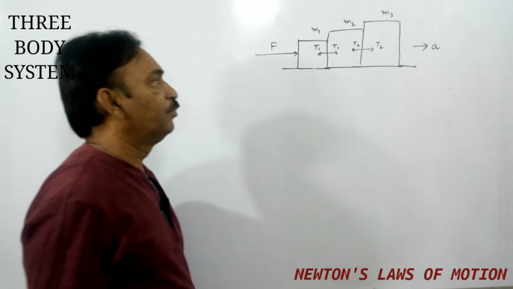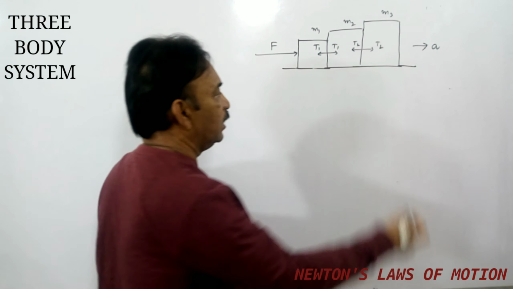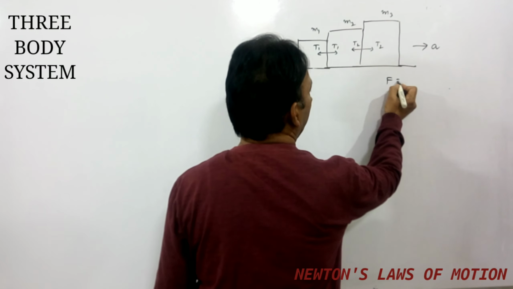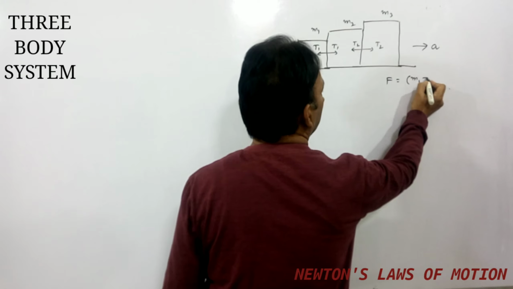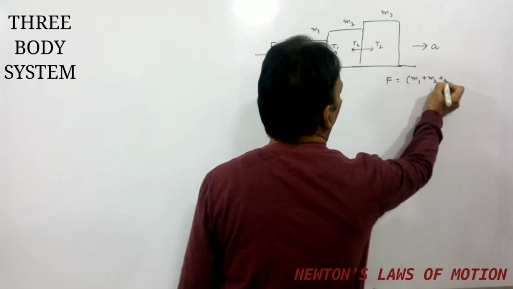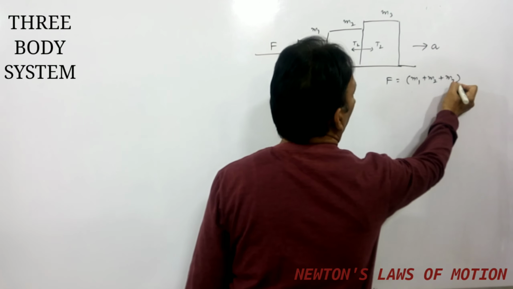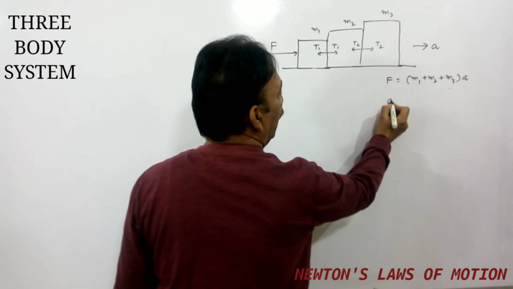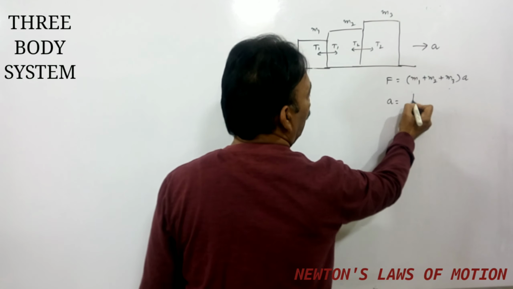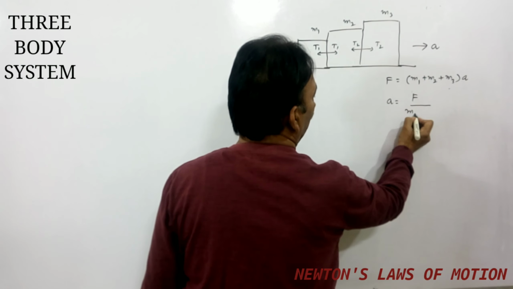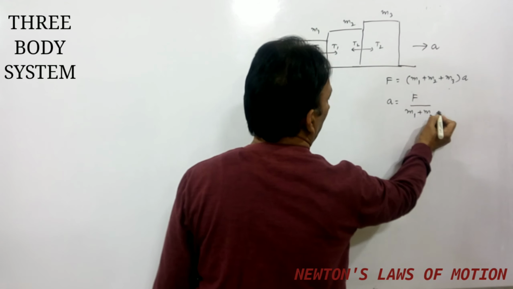Okay, students, let's find the common acceleration. As you know, F is equal to the sum of the masses multiplied by acceleration, and we get A equal to F by m1 plus m2 plus m3.